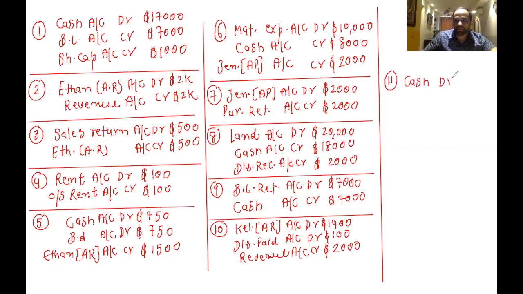Cash debit and income on JJ. That should be unearned income, isn't it? Oh, sorry, unearned income. Yeah, sorry. I'm writing unearned income. All right. Credit amount is 10,000 and 10,000.